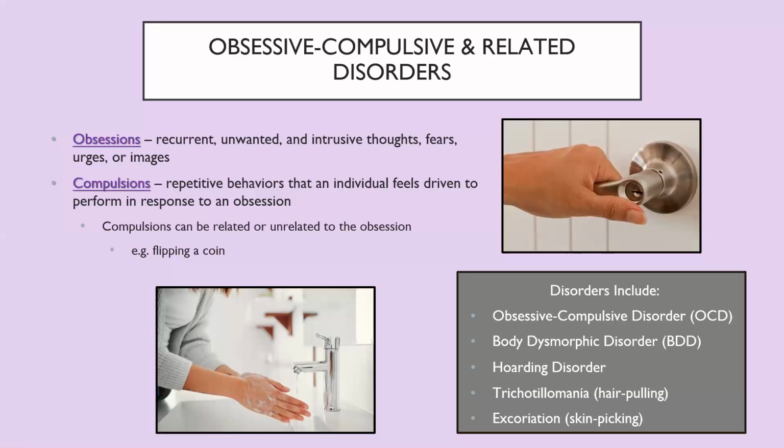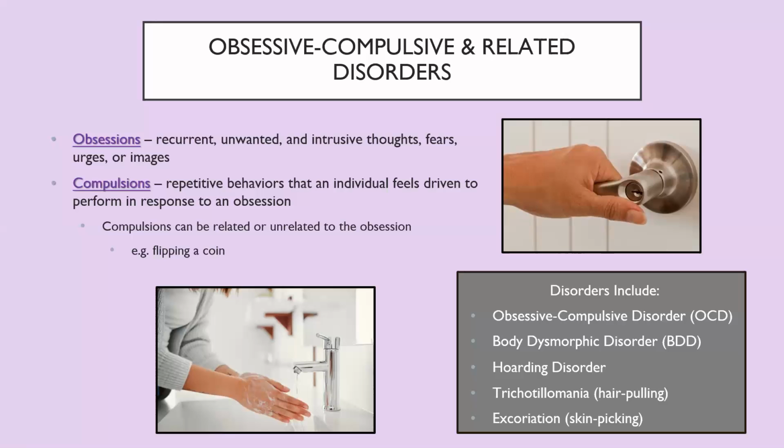So trying to think of an example. If you have an intrusive thought about leaving your oven on, one compulsion that is related to that might be to go check your oven over and over again and make sure it's really off. That would be related. An unrelated compulsion might be an unwanted or intrusive fear that if you don't do something, your family is going to die that day.